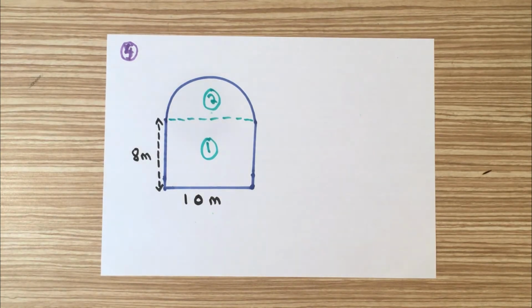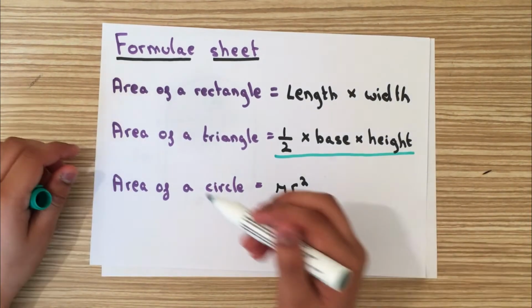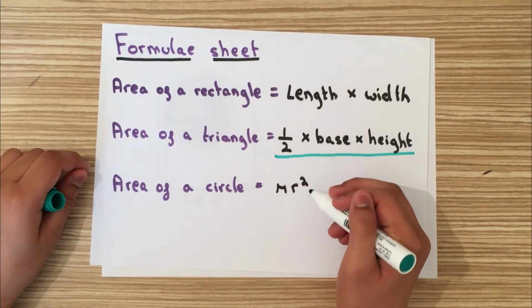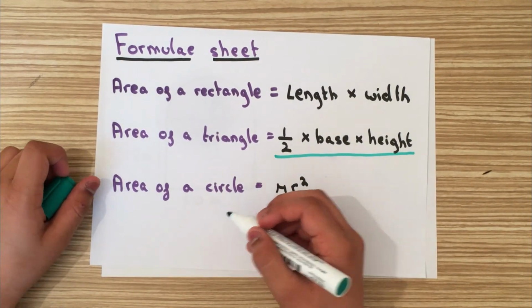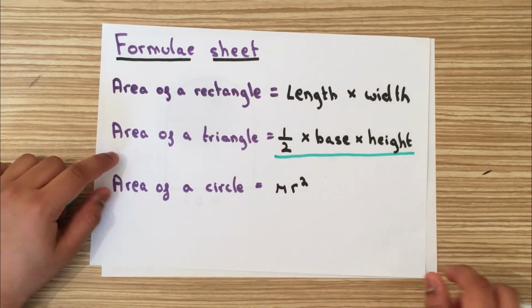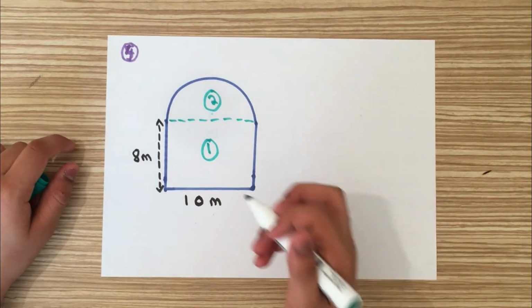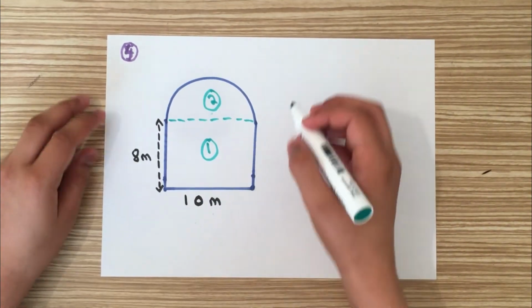On the formula sheet, we didn't really write the area for a semicircle, but we wrote the area for a circle, which is pi r squared, and the area for a semicircle would be half of a circle, so it would be half of pi r squared. So that's how we do it. Let's first start off with the area of a rectangle.